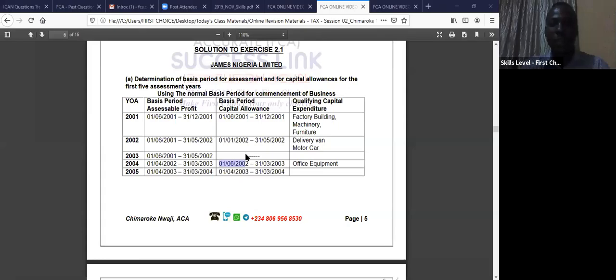In May, since 1st of April 2002 is. Now let's look at this ending date, 31st March 2003. Can you find it inside here? That's why we are ending it here at 31st 2003.